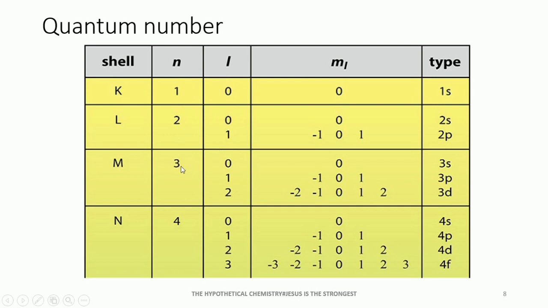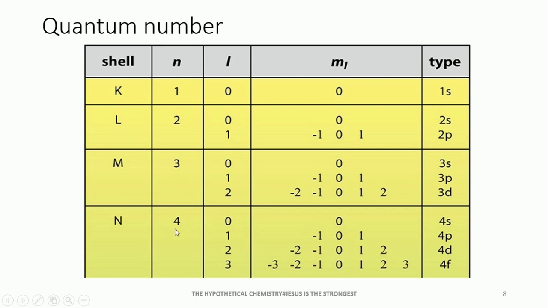For principal quantum number 3, we will start from 0 and end on 2. So 0, 1, 2. Why? Because we determine the angular momentum quantum number by starting from 0 and ending at the number just before the principal quantum number, which is 3. So 0, 1, 2. Very good.